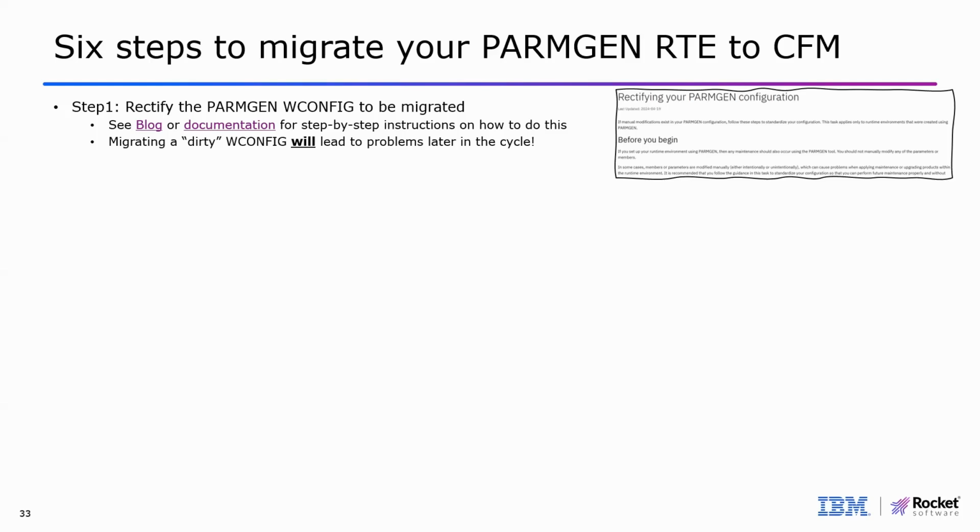Because obviously the migrate action referencing that wconfig doesn't know anything about it, so it's, let me say, a garbage in, garbage out issue, right?